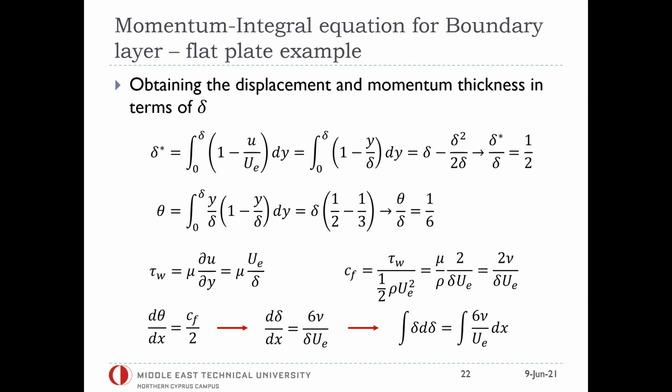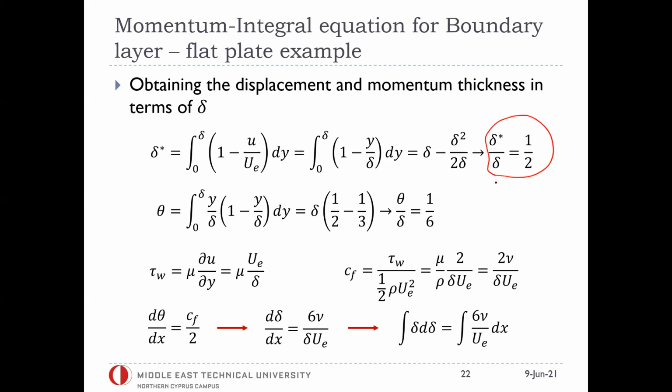When we do that, we obtain some relations for displacement and momentum thickness in terms of delta. From their definitions, we obtain delta star over delta equal to 1/2.